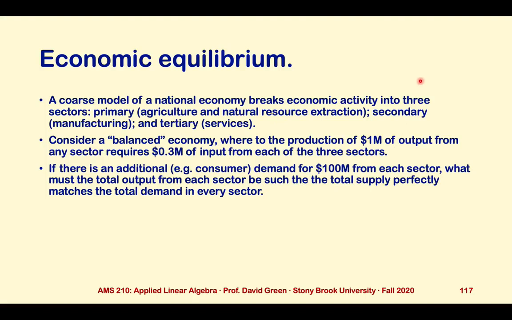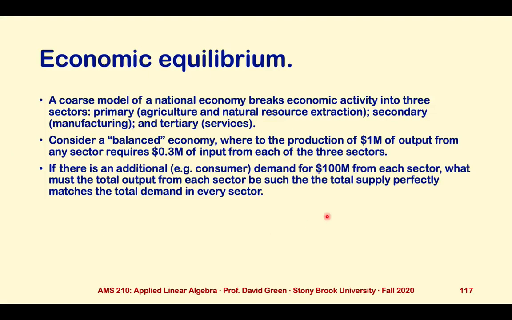So in order to produce $1 million worth of primary sector output, it requires $0.3 million of input from primary sector, $0.3 million from the secondary sector, and $0.3 million from the tertiary sector.